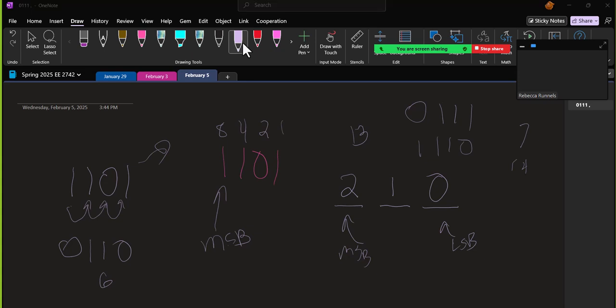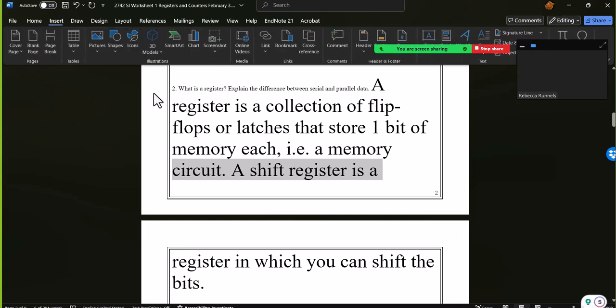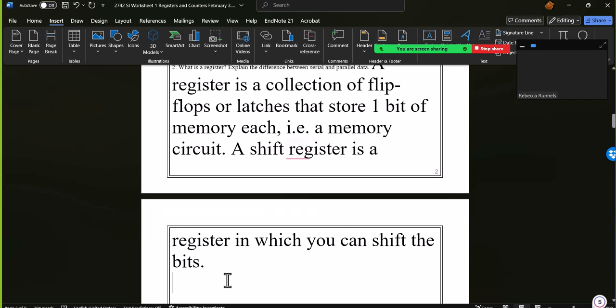I was talking about register and the difference between serial and parallel data. So serial means one at a time.